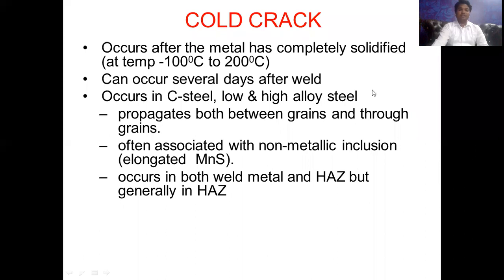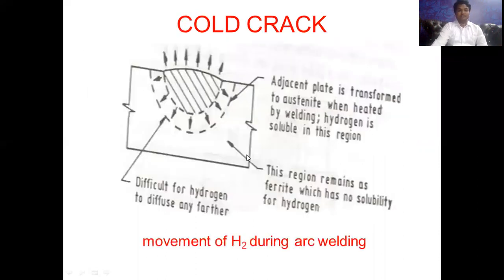They can occur several days after the weld, occur in carbon steels and low and high alloy steels, and propagate both between grains and through grains. They are often associated with non-metallic inclusions, elongated manganese and sulfur, and occur in both weld metal and HAZ, but generally in the HAZ. So this cold cracking can be seen generally in the HAZ.